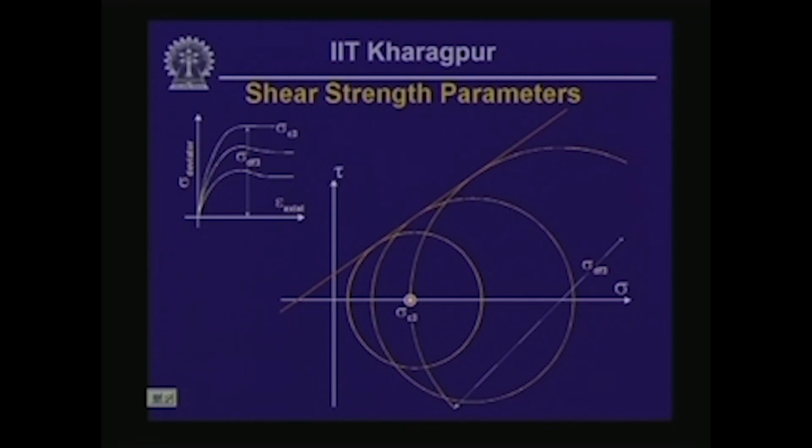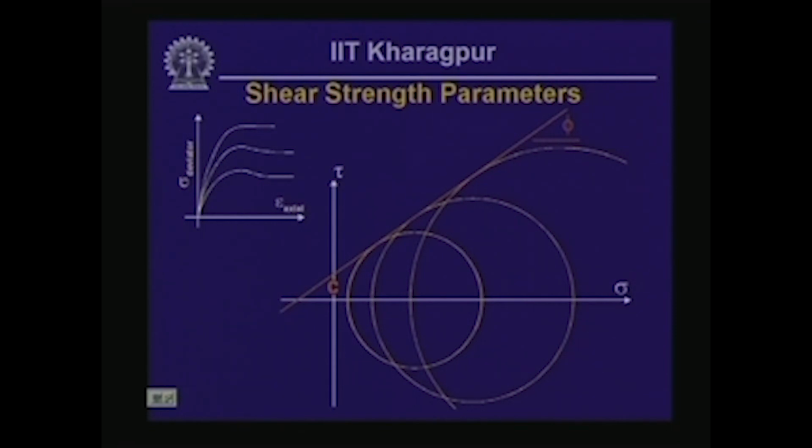Now, the characteristics of the orange line are the strength parameters that define the ultimate strength of the rock or soil samples which were tested in this series of triaxial tests. What are the characteristics?